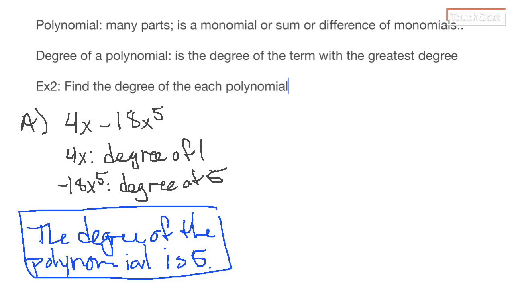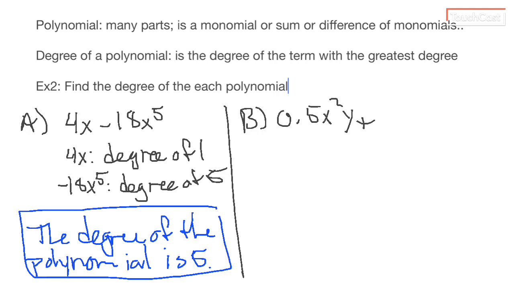Let's look at at least one more. So 2b. We're going to look at 0.5 x squared y plus 0.25 xy plus 0.75.